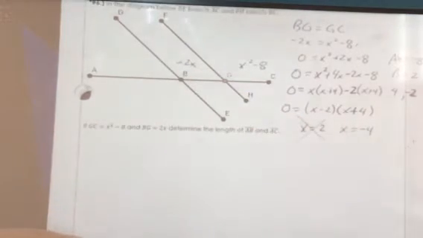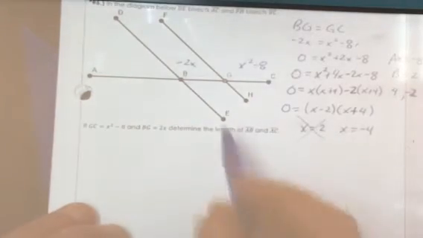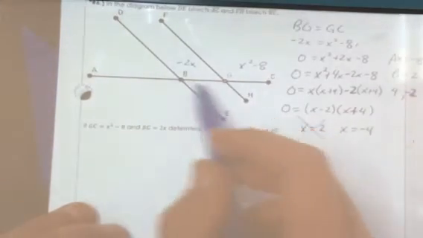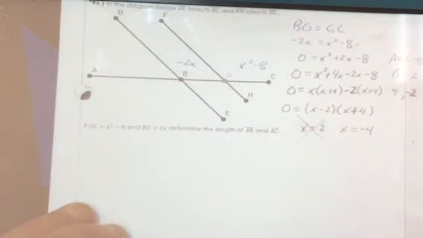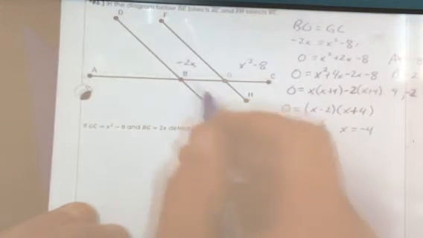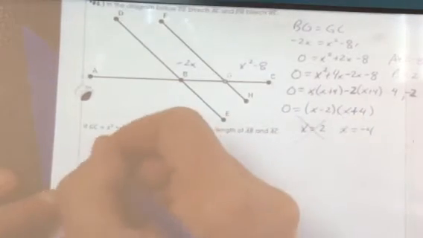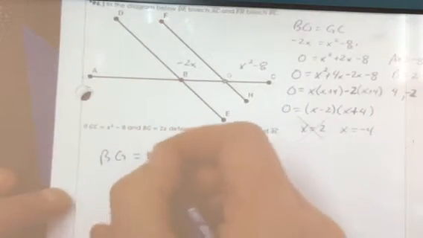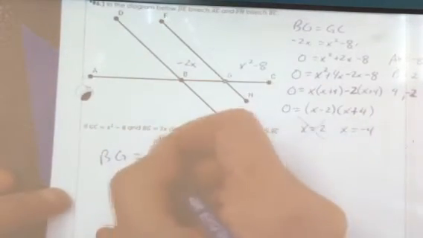So now we think about AC. Well, to get to AC, we're going to need to figure out what BC is and then add it again. So if we figure out AB, we'll figure out AB to figure out AC. All right, so we need BG. And we said that that was negative 4 times negative 2 is 8 units.